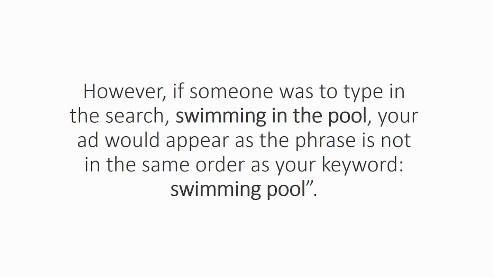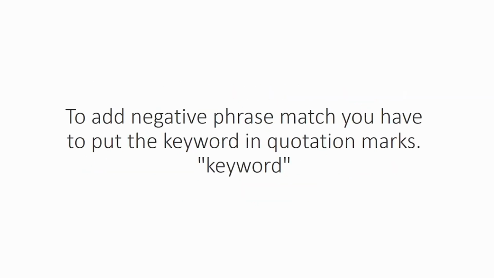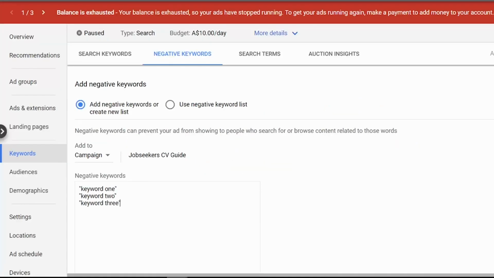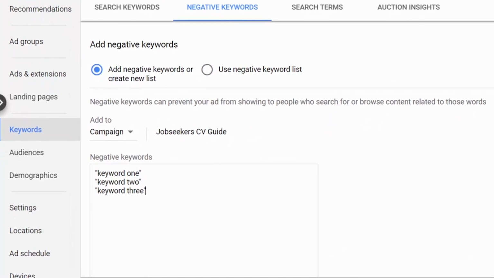However, if someone was to type in the search swimming in the pool, then your ad would appear as the phrase is not in the same order as your keyword, which is swimming pool. It has extra words in the middle, and this would exclude it from being a negative phrase match keyword. To add negative phrase match type keywords, you have to put the keyword in quotation marks. So this is how it would look if you are adding it as a negative keyword.